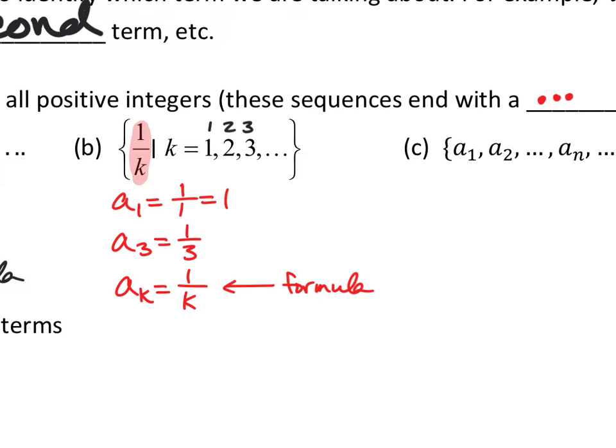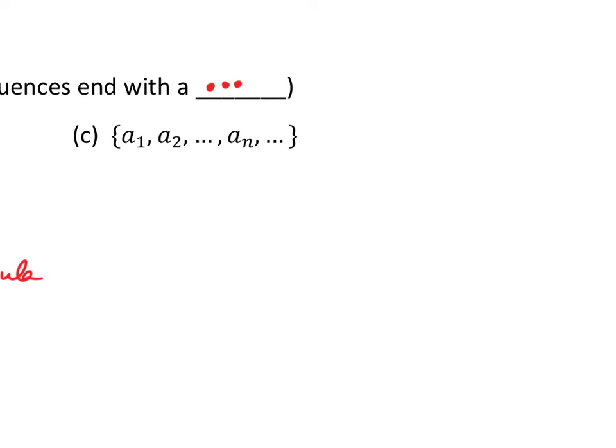So in general, again, you have the first term, second term, all of the terms leading up to what's called the nth term. And if you have a formula with an n or a k, whatever letter you're using, generally it's n for these sorts of things, for the spot that it's at, that's called the nth term, which is again kind of like our formula for these sequences.